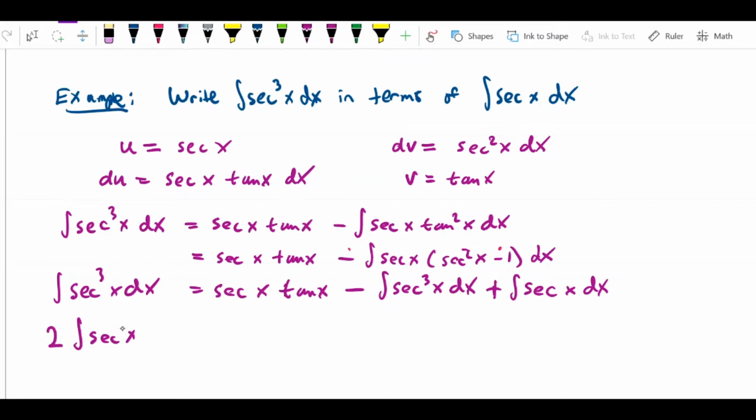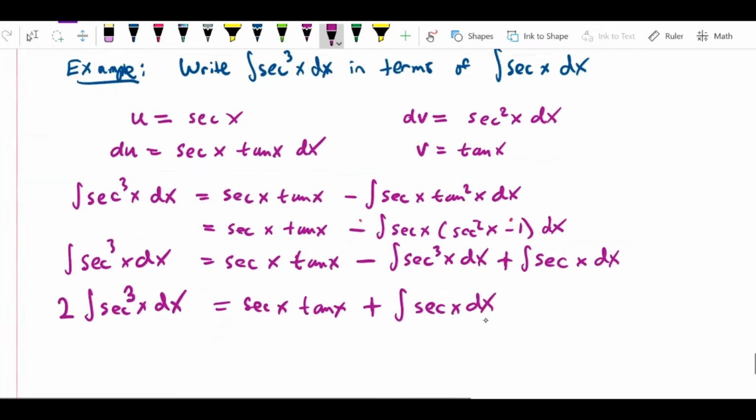I want to be very clear about this since I put the wrong power of x on the left. 2 integral of secant cubed x dx is equal to secant x tangent x, plus, I still have this secant x on the right side, integral of secant x dx.